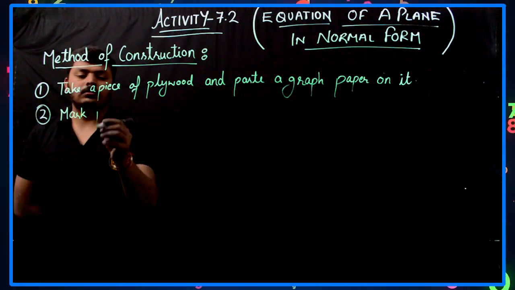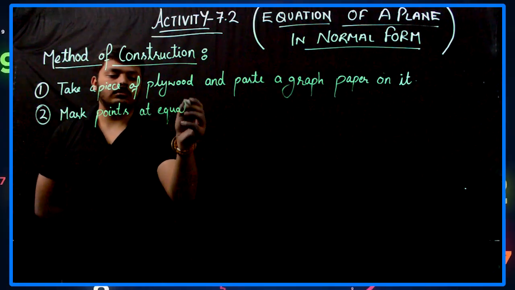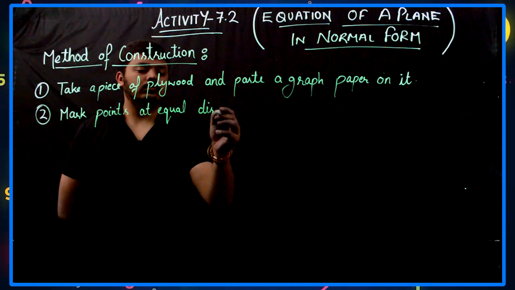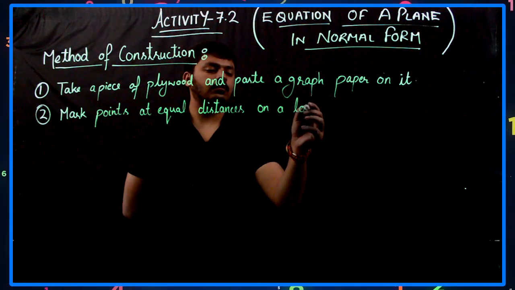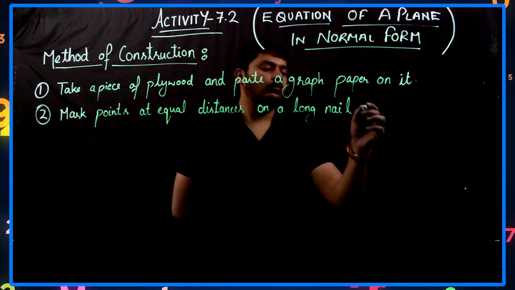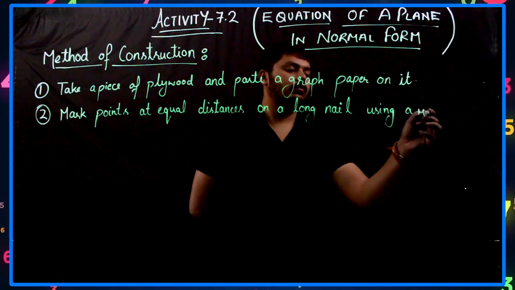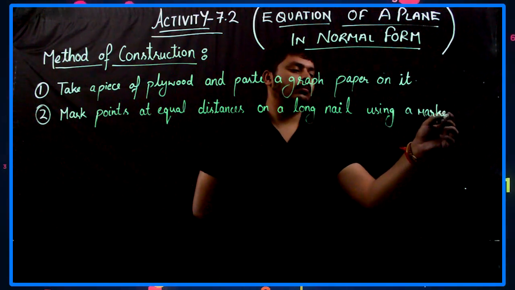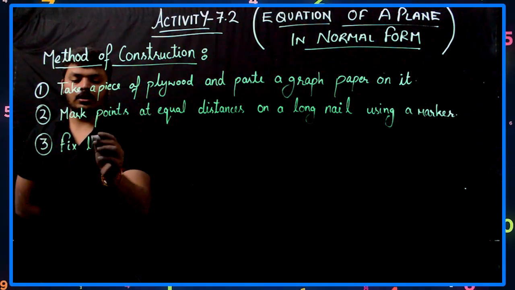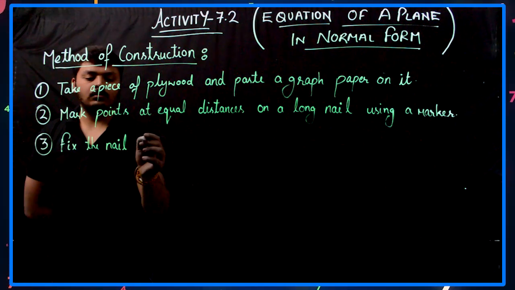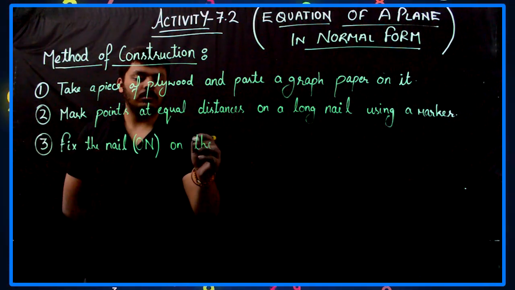Mark points at equal distances on a long nail using a marker. Fix the nail ON on the plywood.